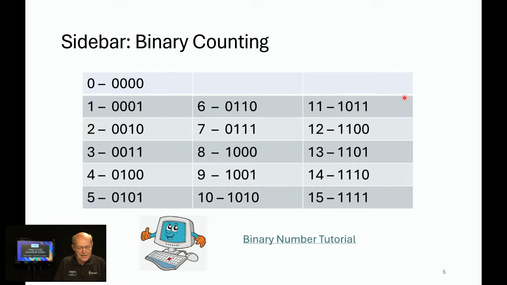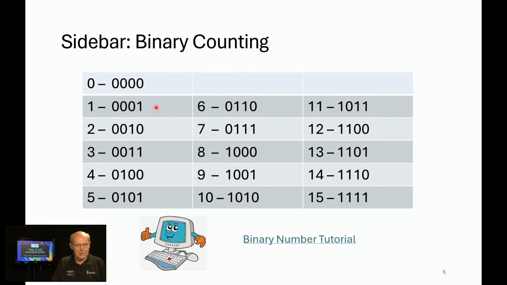Just a quick little side note here. We're not going to get into binary counting, but some people have wondered how this works. So as we're taking these snapshots of the voltage waveforms, the values of the sine wave, we're converting them to numbers. The numbers work like this. We understand 1 through 15. In binary, each one of those numbers is represented, in this case, by a 4-digit binary number. So it starts out with all zeros.